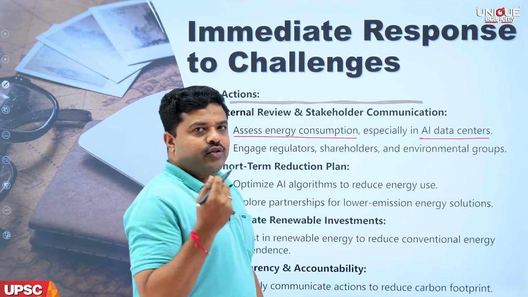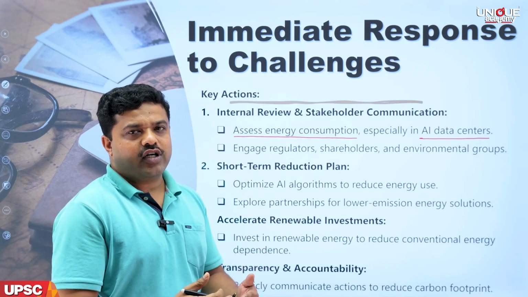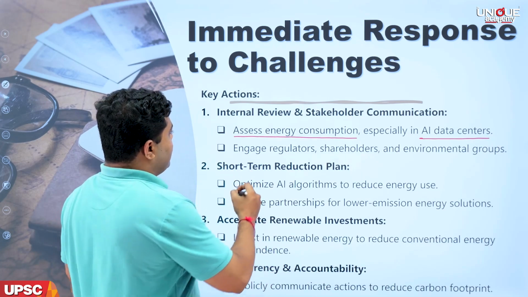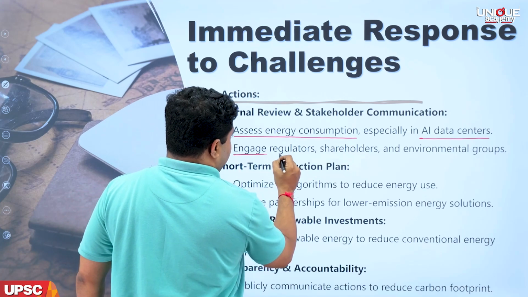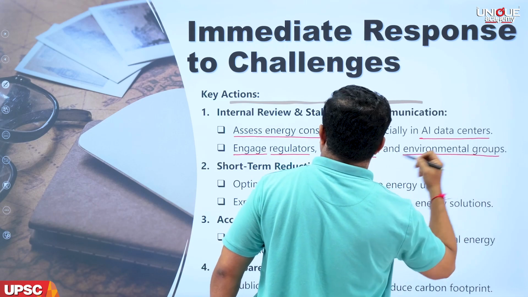This is objectivity, where you are collecting the data, cross-checking what is being said, and then paving the way for further decisions. Second is engage your stakeholders like regulators, shareholders, and environmental groups.